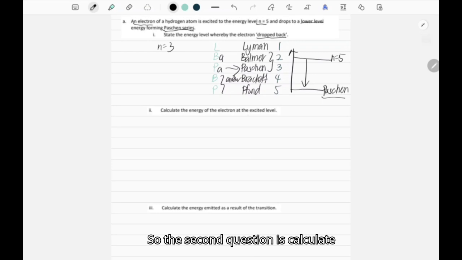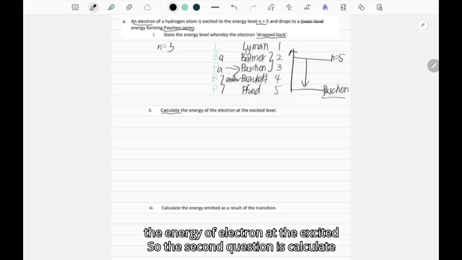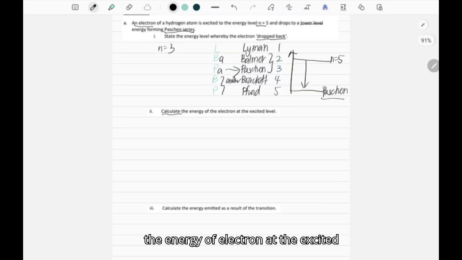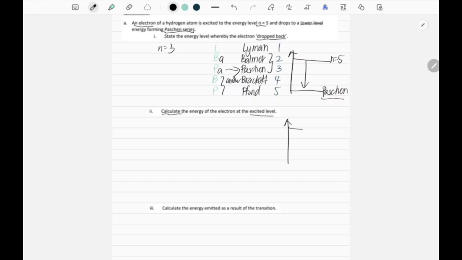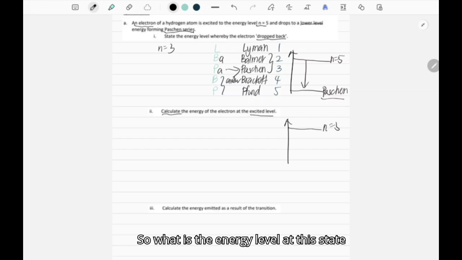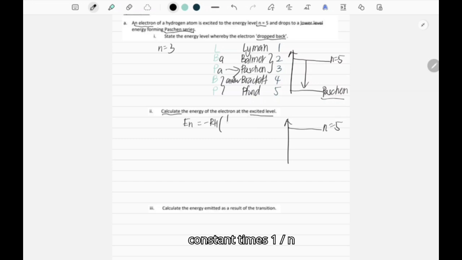The second question is to calculate the energy of the electron at the excited level. What is the energy level at this state? n equals 5. So we can use the formula En equals negative Rydberg constant times 1 over n squared.